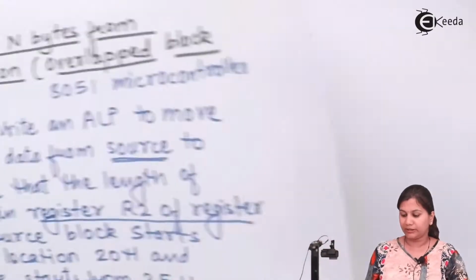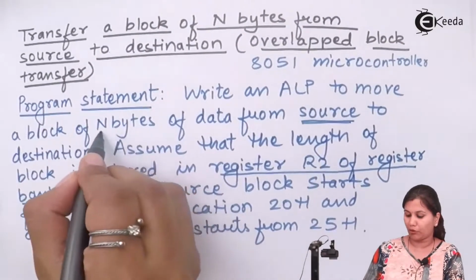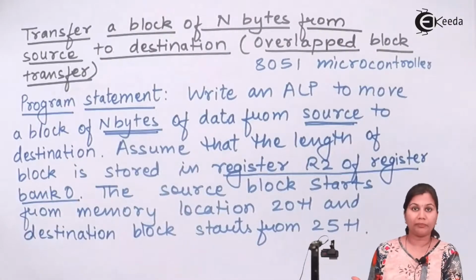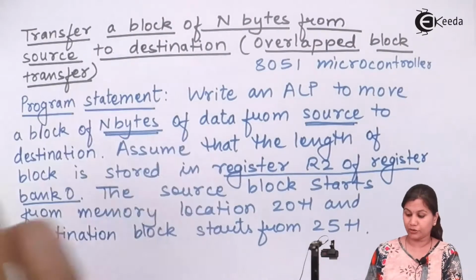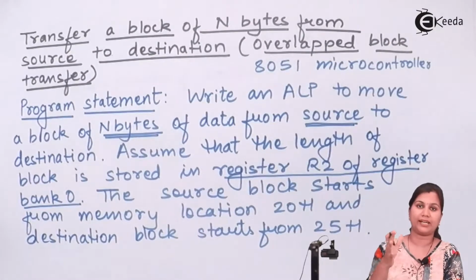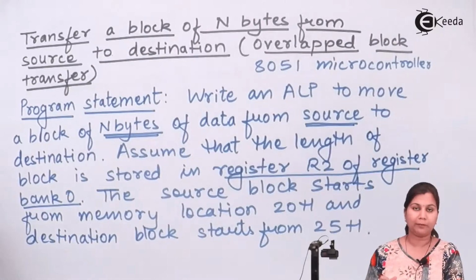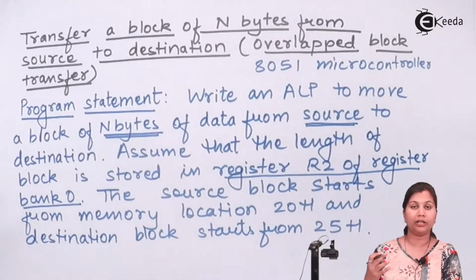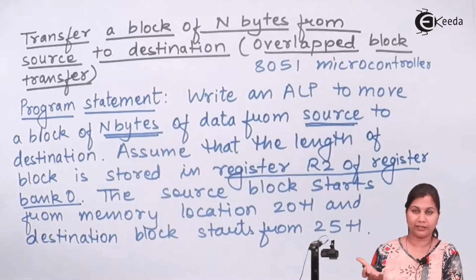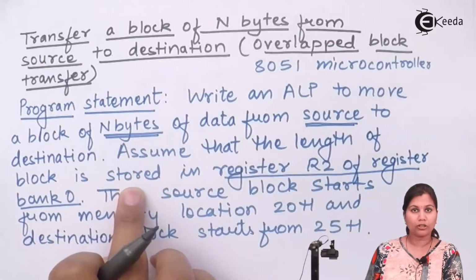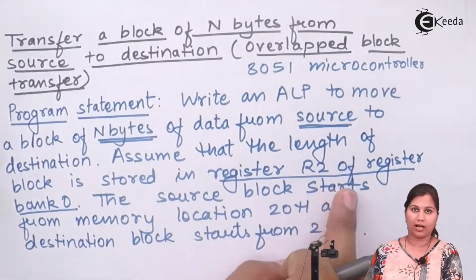Because it is written that we have to transfer a block of n bytes. Now how many numbers are stored at that source memory location? Suppose 10 numbers are stored, or 20, 30, 40. So that count, the length of that block, is stored in register R2.